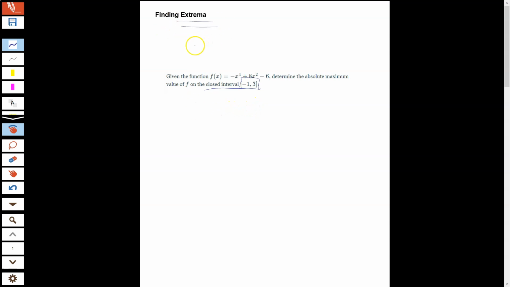So review from 1.3 is that extreme values happen where the derivative is equal to 0, right? Because that is a horizontal tangent line. Okay? And these points where the derivative is equal to 0 are called critical points. Okay, so this is our review from 1.3.